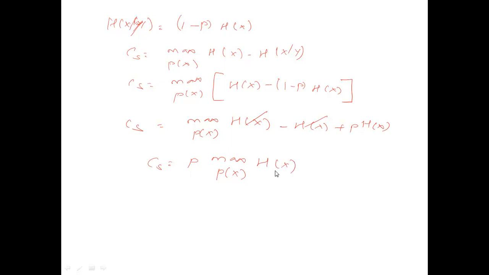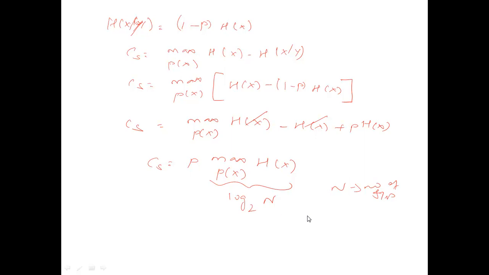H of x is nothing but the entropy or the average information at the transmitter side. We know that entropy is maximum if the probabilities are equally likely. We have already seen in lecture number 1 that h of x is log base 2 of capital N, where N is the number of inputs.